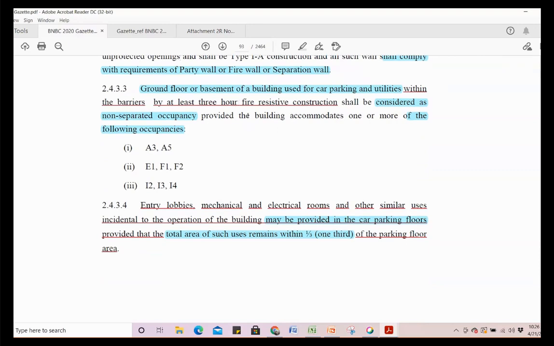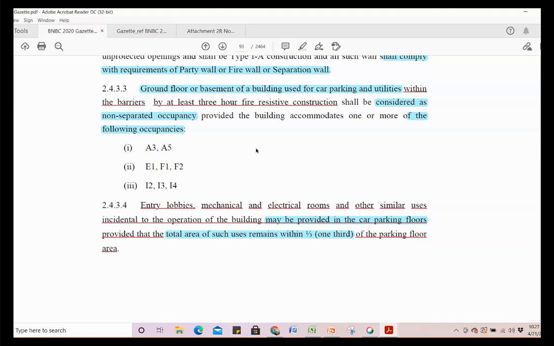The next segment, general information or general criteria for all occupancies, says that ground floor or basement of a building used for car parking and utilities within the barriers by at least 3 hours fire resistive construction shall be considered as non-separated occupancy.